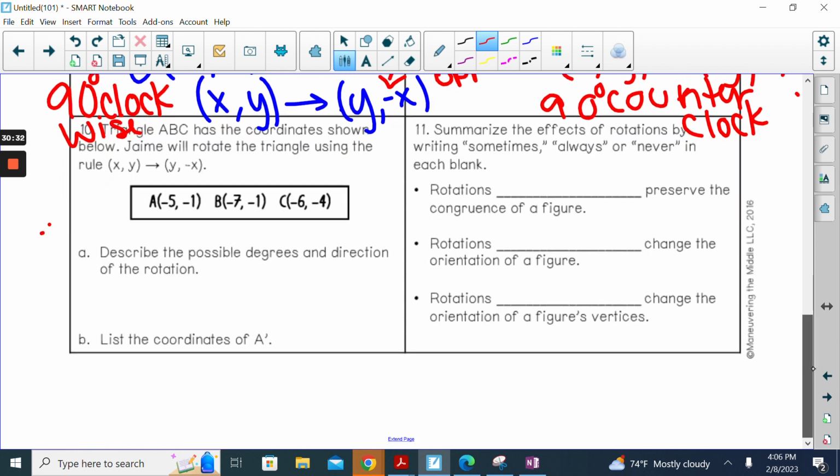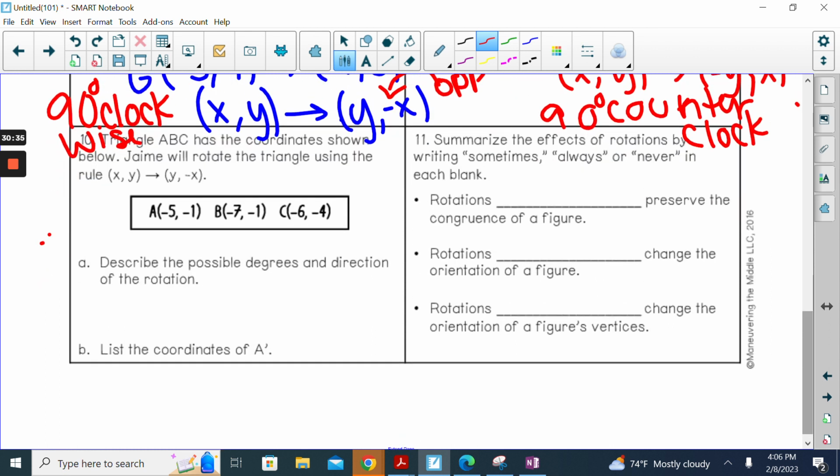Alright, so what I want you to do is go ahead and attempt 10 and 11. I am not going to work them out with you. I want to see what you know. I'm going to read through it and help you think through it, but I am not going to solve it. So 10 says triangle ABC has the coordinates shown below. Jamie will rotate the triangle using the rule x, y. So you have x and then you have y. You are going to move y to the front and move x to the back.